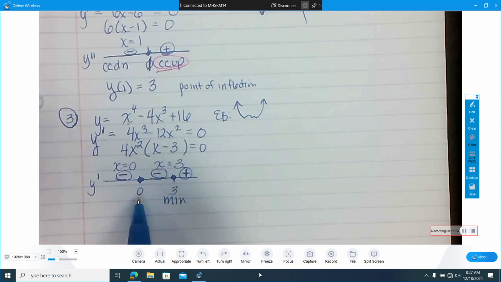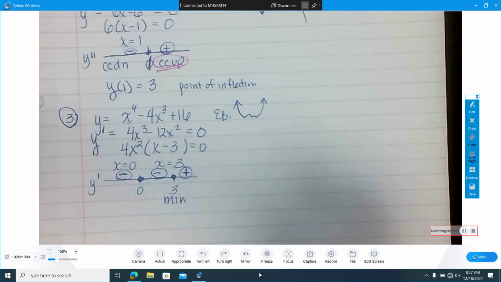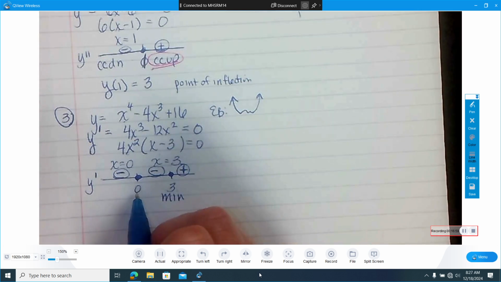What's happening at 0? It's decreasing, and then it hits a 0 slope, and then it goes to decreasing again. Kind of an interesting thing there. It's going downhill, and then it sort of levels out to have a slope of 0, and then it's going downhill again. I don't know what's happening, but it's kind of a critical thing here.